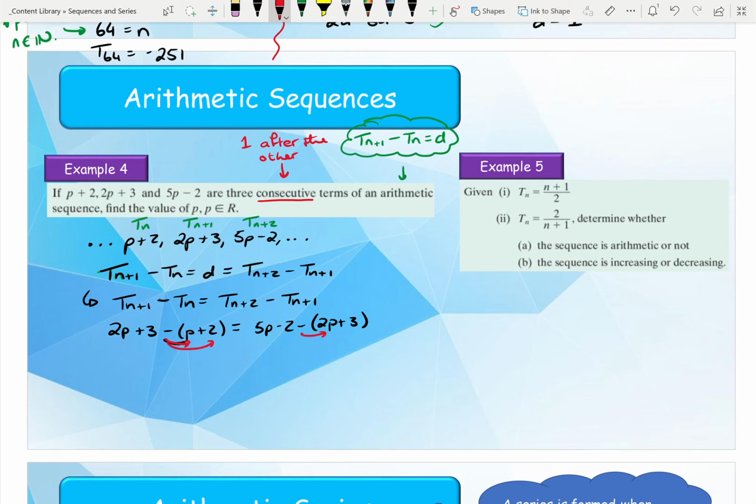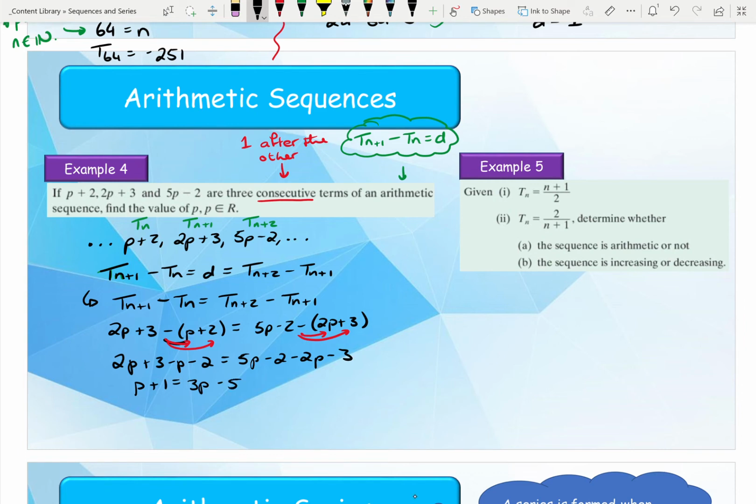That minus on the outside will make this a minus and this a minus, which means here now I end up with 2p plus 3 minus p minus 2 is equal to 5p minus 2 minus 2p minus 3. So that gives me p plus 1 on this side is equal to 3p minus 5 on this side.